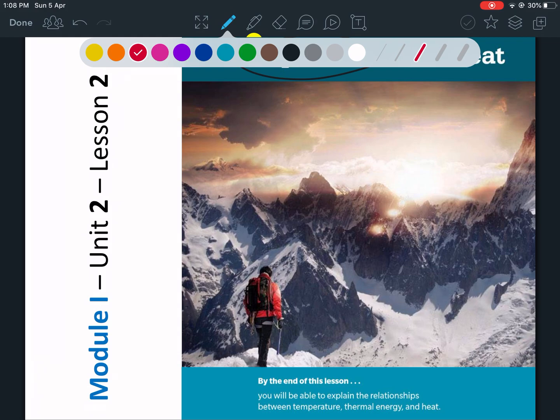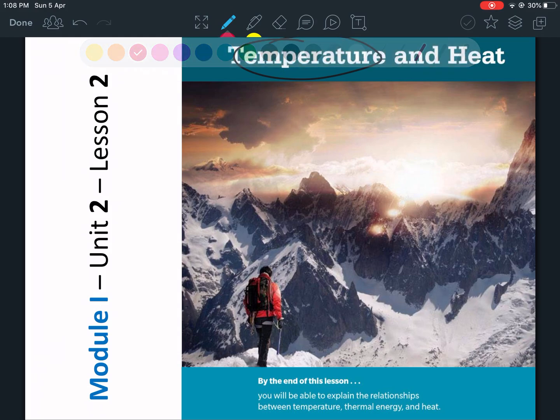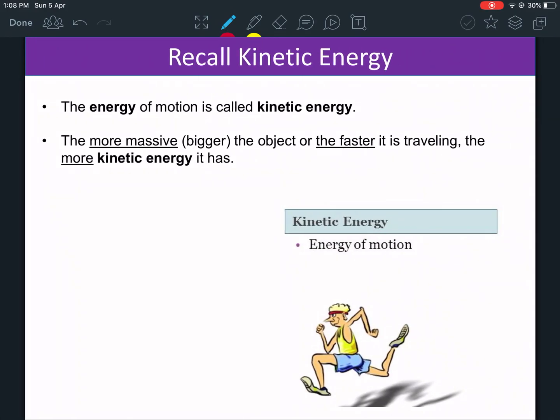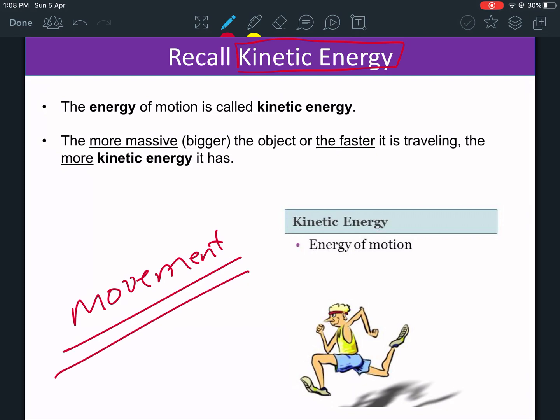All right. Before we get to temperature, we have to go back to something from last lesson. It's called kinetic energy, remember? It's the energy of movement. So when something is in motion, like this guy is moving, we say he has kinetic energy because he's moving, okay?